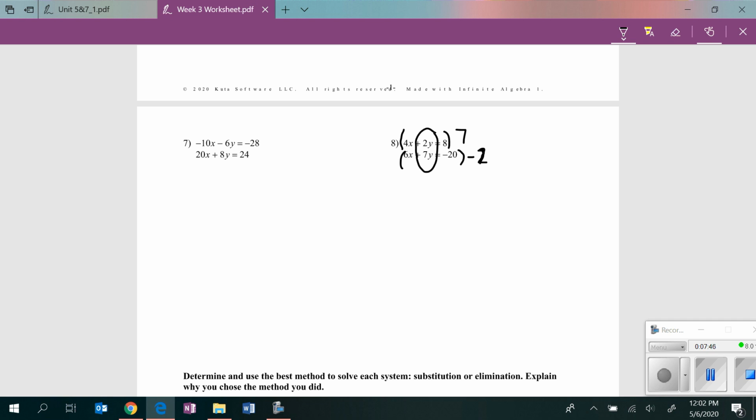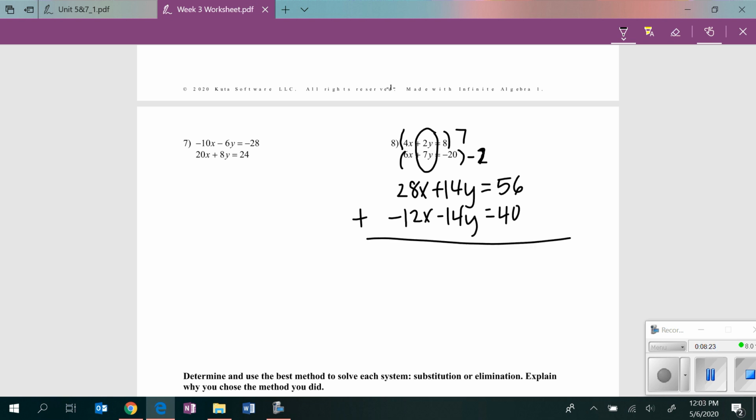So 4x times 7 gives me 28x plus 14y equals 8 times 7 is 56. Now my 6x times a negative 2, I'm going to get negative 12x minus 14y, and my negative 20 will cancel out with my negative 2 and give me a positive 40. Okay.